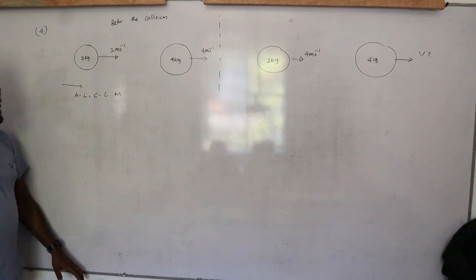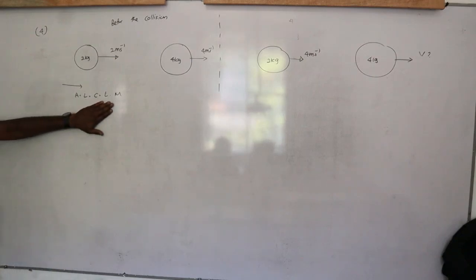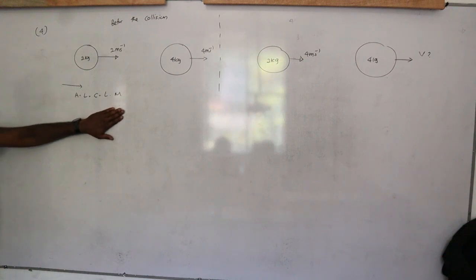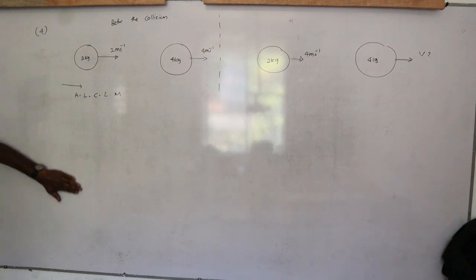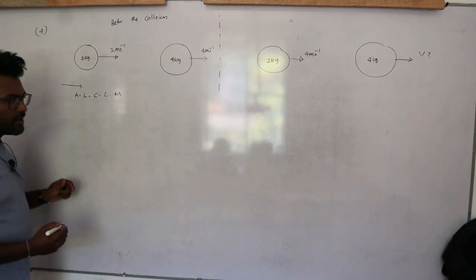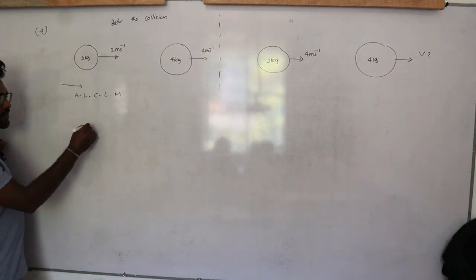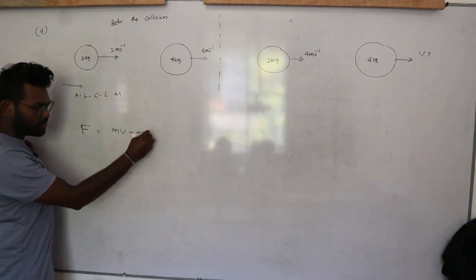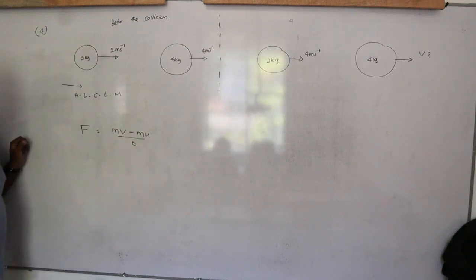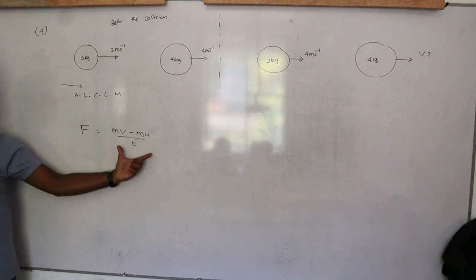Okay. So when can we apply this one? The momentum has to be conserved. That means it shouldn't change. When is the momentum not changing? Yes, we know that when you apply a certain force F, the momentum changes. That means (mv minus mu) over t. We normally write the rate of change of momentum gives the force.